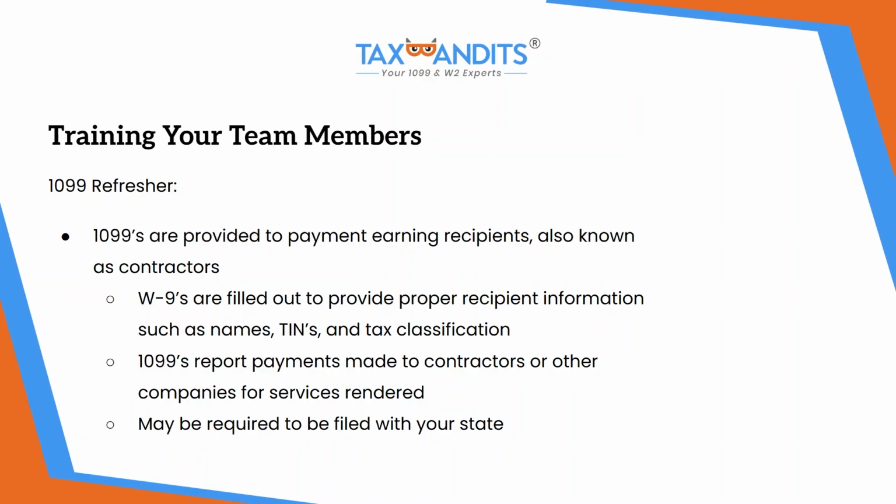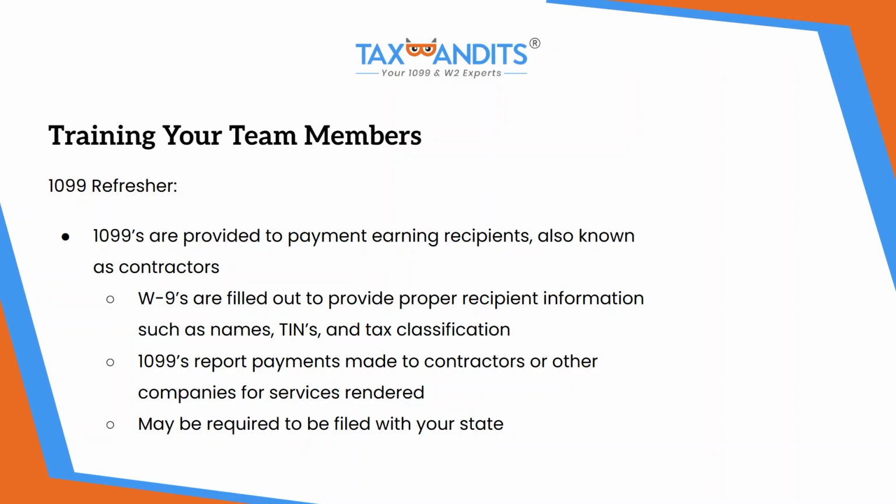And as we move on to our 1099s, here's a refresher for any 1099 information. 1099s are provided to payment earning recipients, also known as contractors. They usually provide a W-9, which are filled out to provide proper recipient information, such as names, TIN numbers, and the type of tax classification for that 1099 contractor.